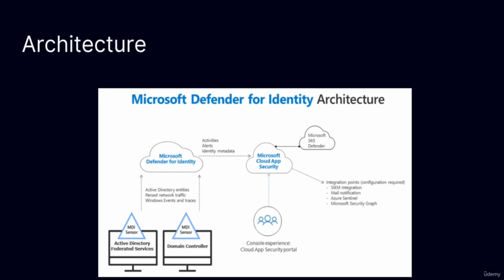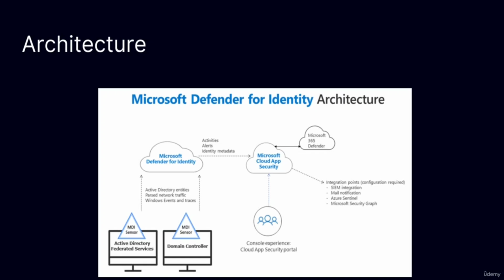And in the cloud service for Microsoft Defender for Identity, this data will be further analyzed to give an alert, or send a report, or to do other activities with the metadata.